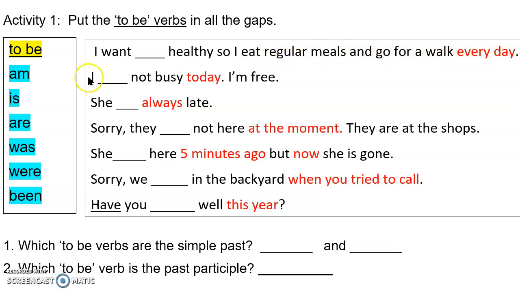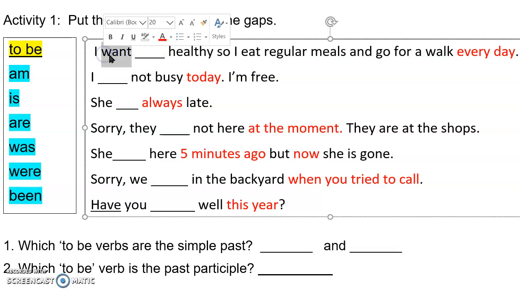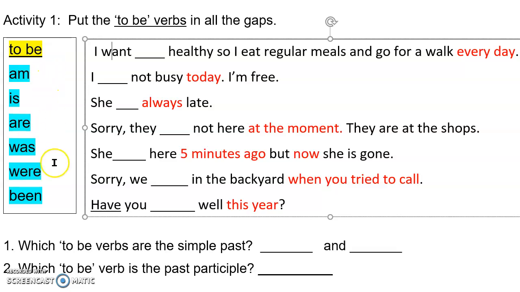You need to now choose which of these to be verbs belongs in this gap here. So we can see we already have a verb here, want. So think, which to be verb can we put after another verb?